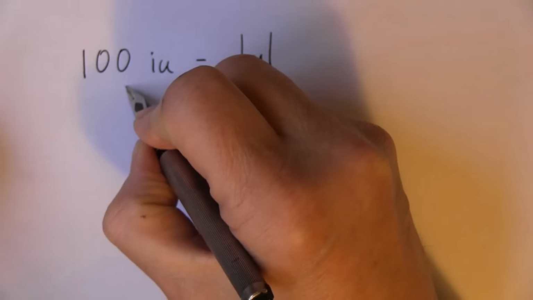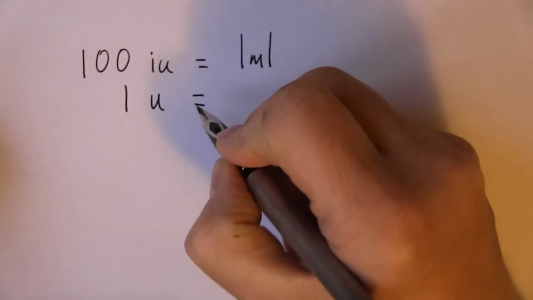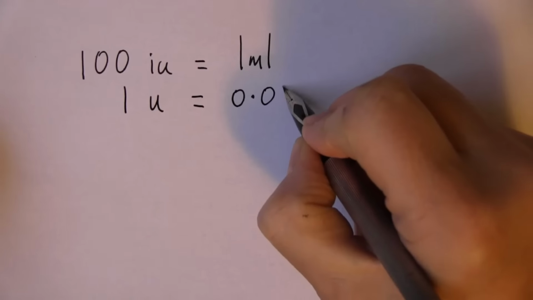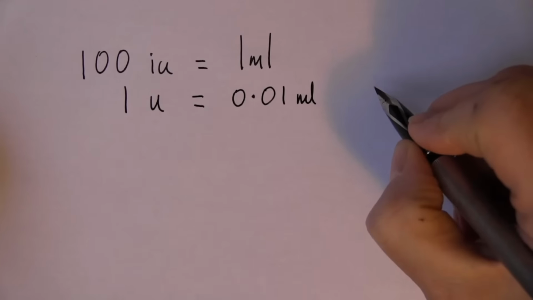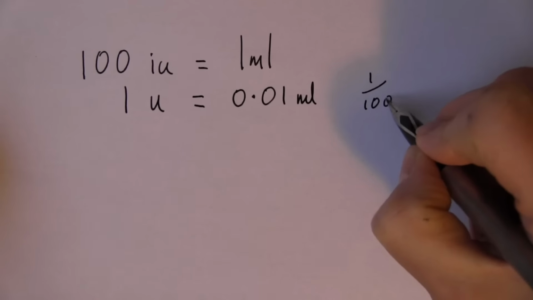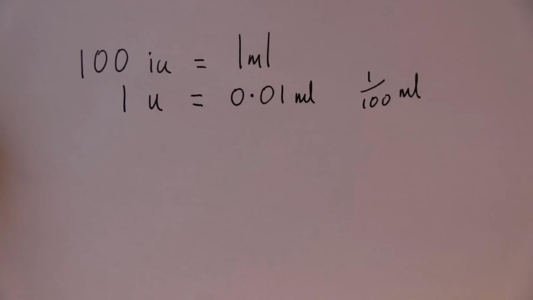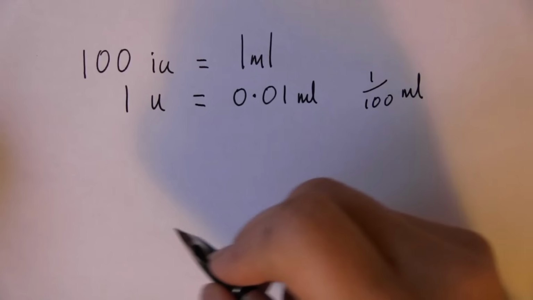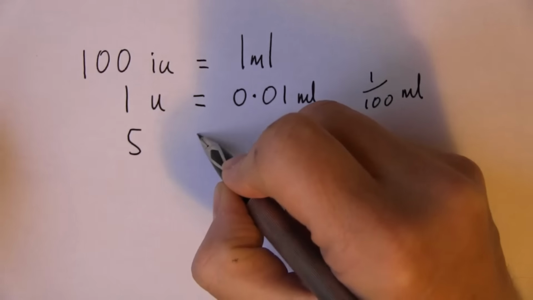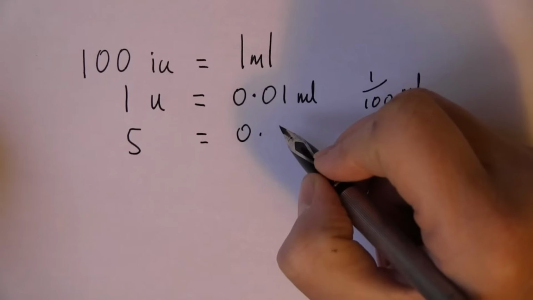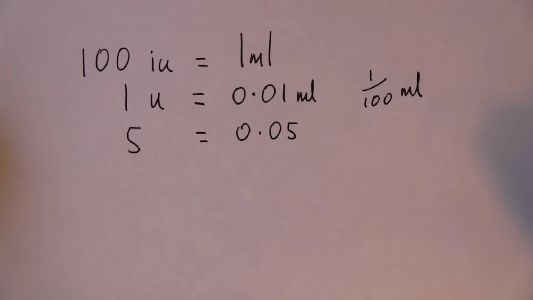So that means one international unit is going to equal 0.01 of a mil. In other words, 1/100th of a mil. So the first one was what is 5 units. So 5 units is going to equal 0.05 of a mil.